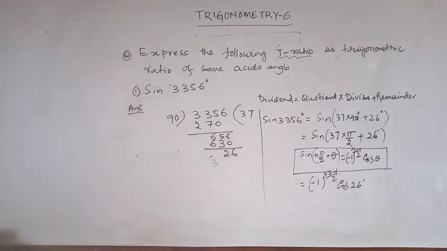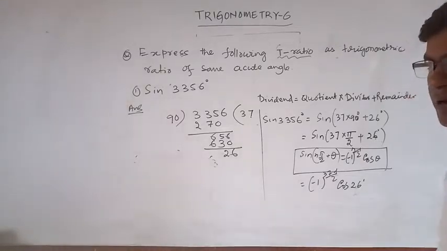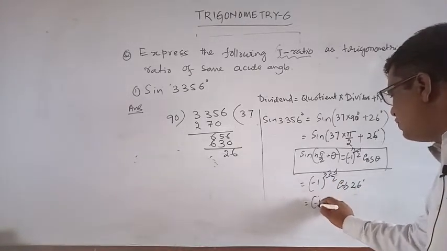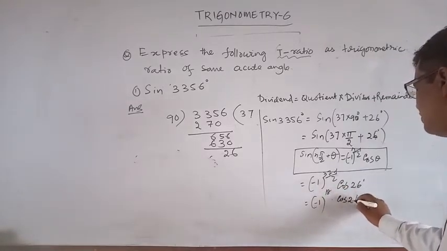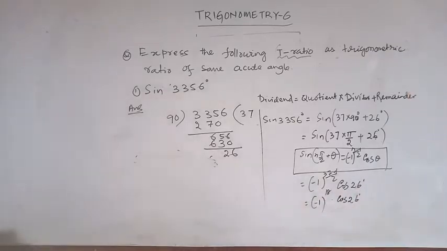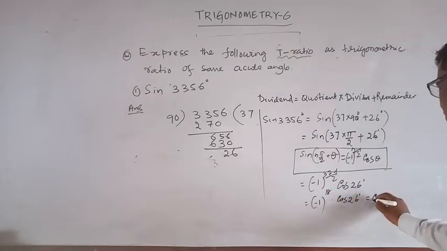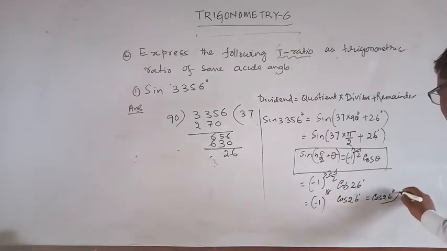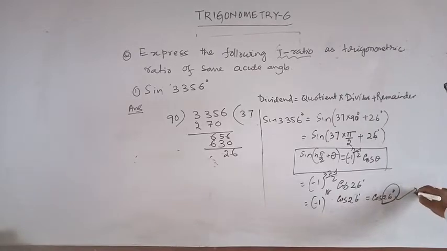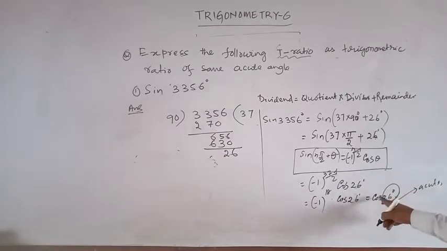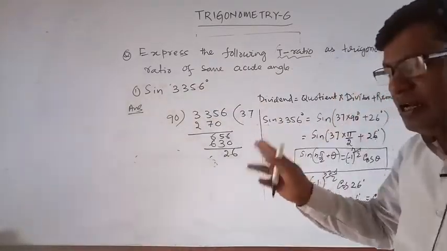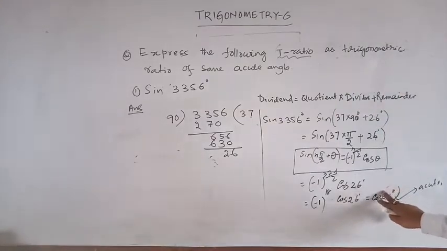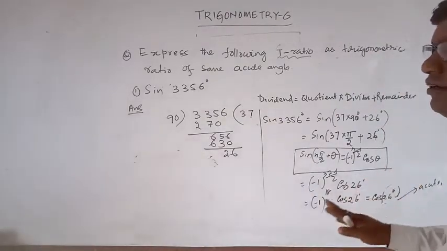So this is minus 1 to the power 36 by 2, that is minus 1 to the power 18 into cos 26 degree. Minus 1 to the 18 means plus 1. So this is cos 26 degree. This is an acute angle. Clear? So sin 3356 is equivalent to cos 26 degree. This is one method.